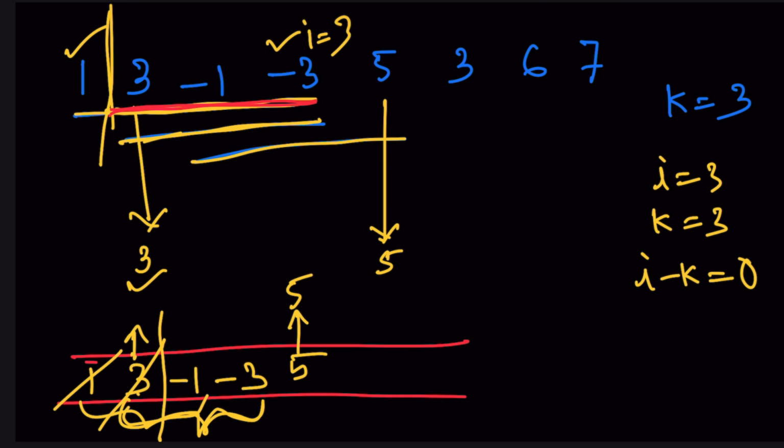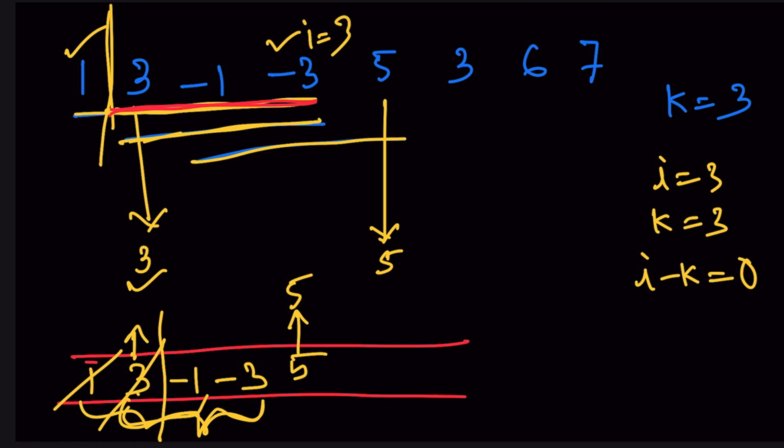Now consider one thing here. Next we will be moving our window to the right side, right? But still in our data structure we have -1 and -3. When we move our window to the right, we'll first get rid of -1, then in the next step -3, and then 5.